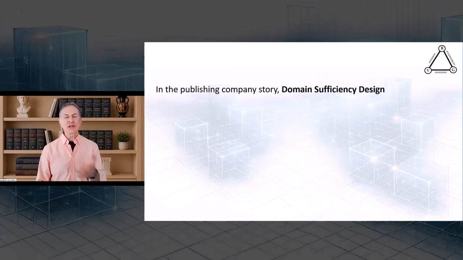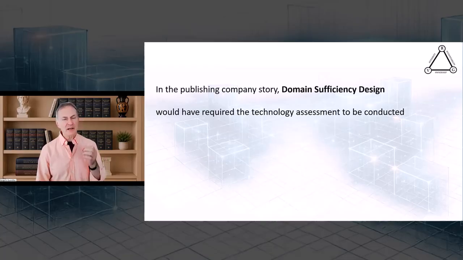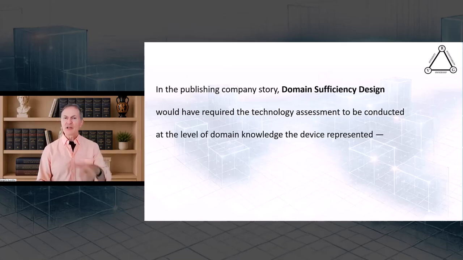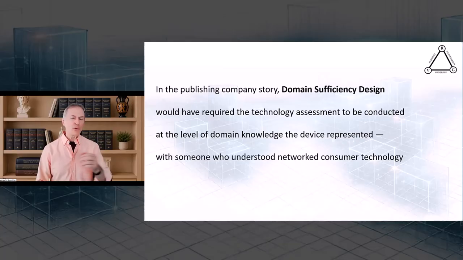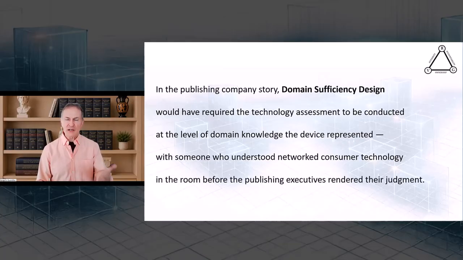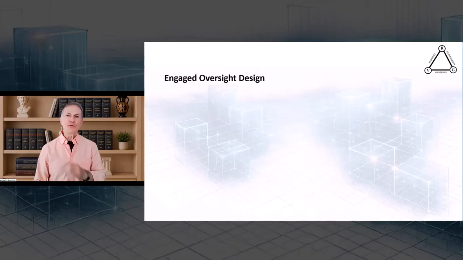In the publishing company story, domain sufficiency design would have required the technology assessment to be conducted at the level of domain knowledge the device represented, with someone who understood networked consumer technology in the room before the publishing executives rendered their judgment. Engaged oversight design.